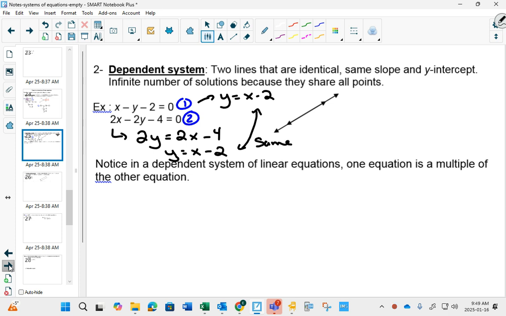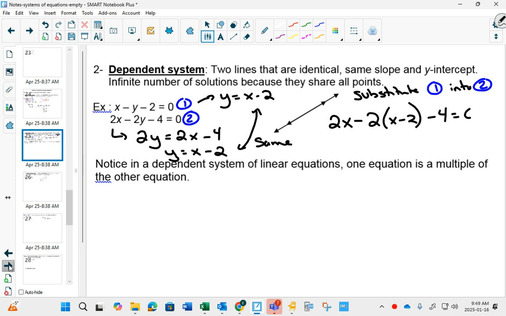Do you see how I got equation 1 by itself, y equals x minus 2? I can substitute. We have to be really careful in substitution. We're going to substitute our result in equation 1 into equation 2. So then my equation 2 is 2x minus 2, and instead of y, I can write x minus 2, minus 4 equals 0.